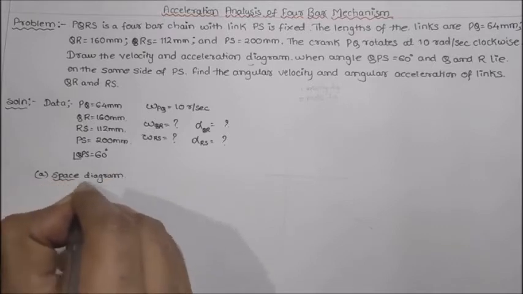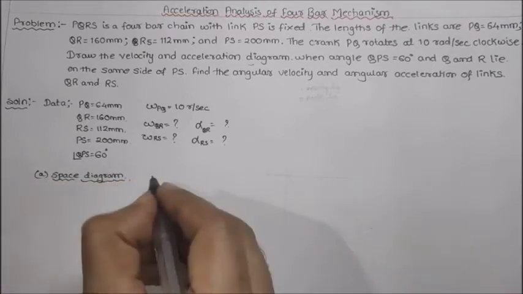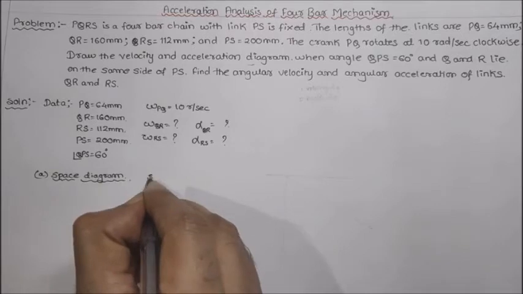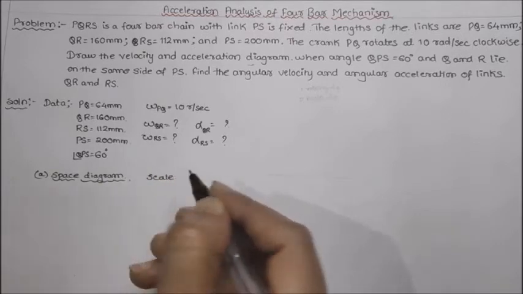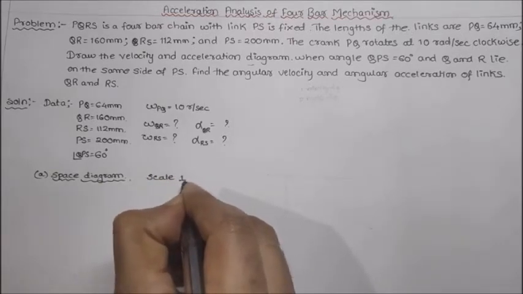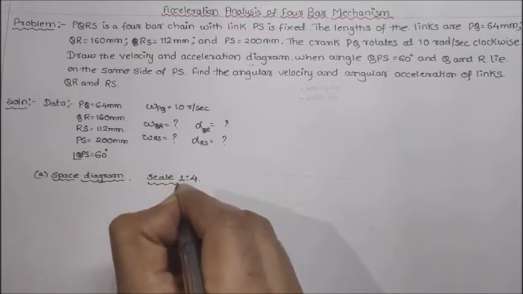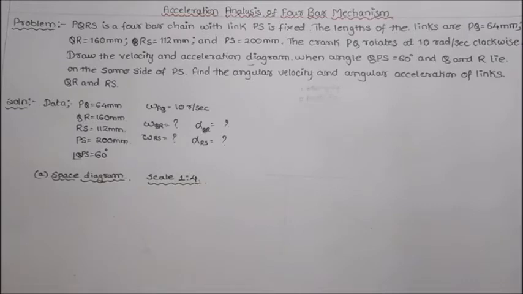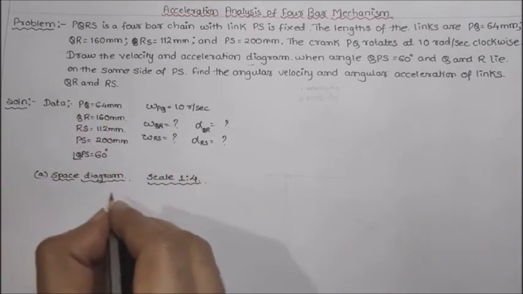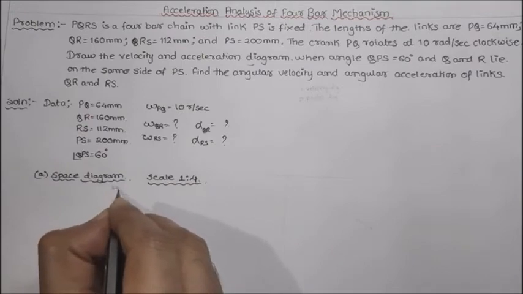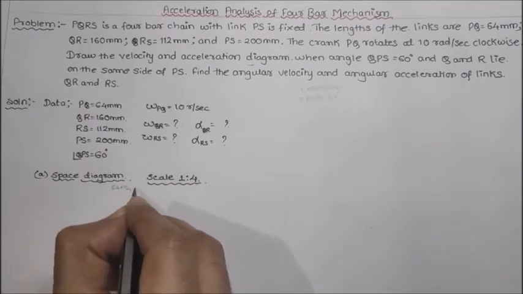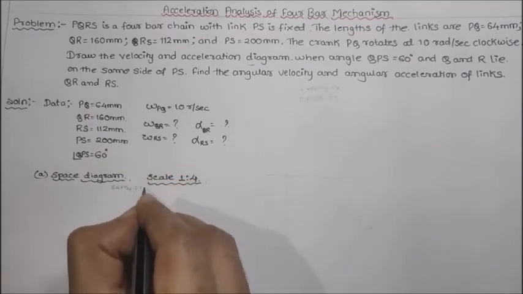Again, for drawing the space diagram we require to take a scale. So let's take a scale. Here the scale I am taking is 1:4. Let's begin as we have done it. So 64 into 1 divided by 4, that will be 16 mm.